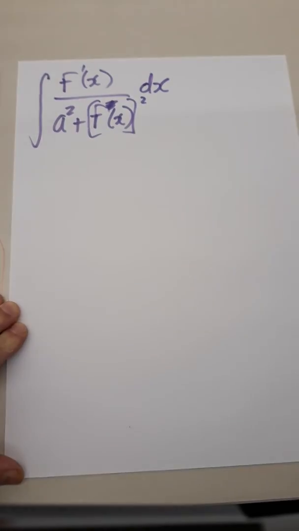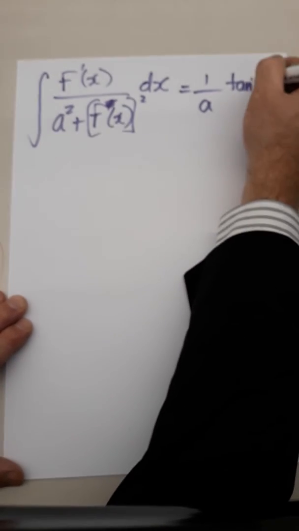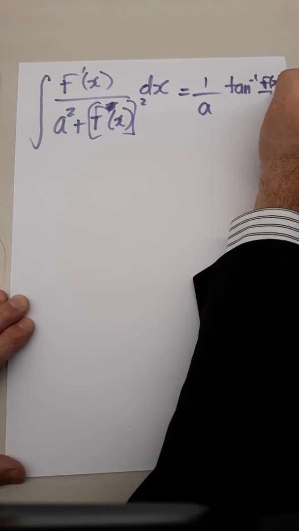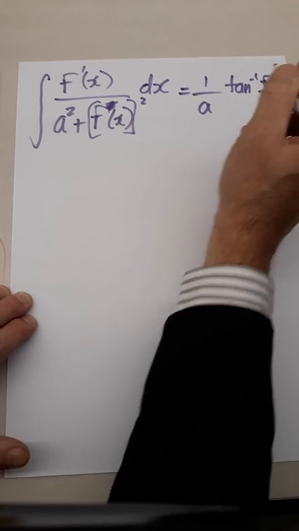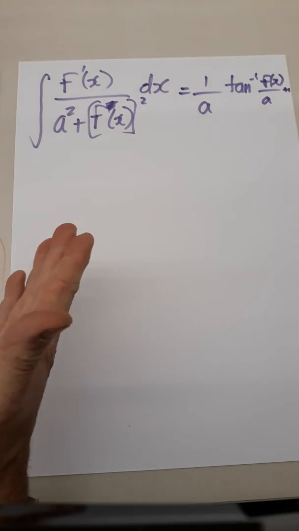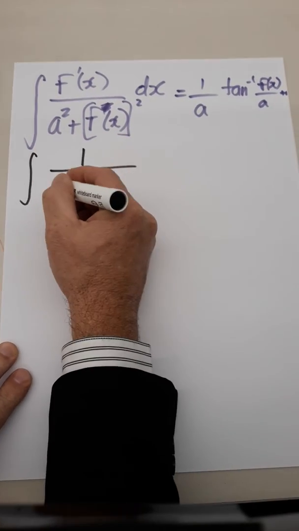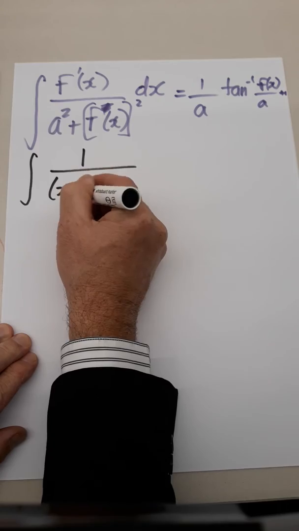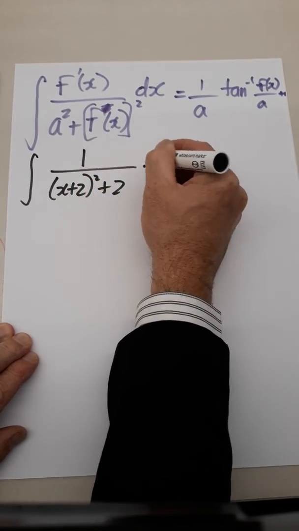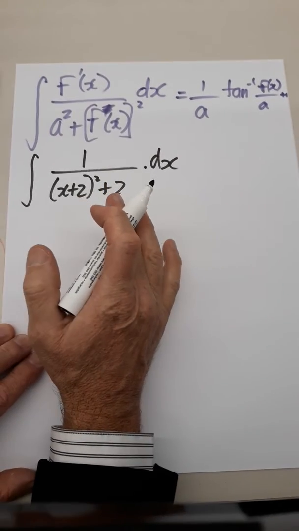If it's in that format, that will be 1 on a inverse tan of f of x on a plus c. I'm struggling to fit in the plus c these days. But that's what it'll be. So I have to pop it into that format. And at the moment, my question is (x plus 2) all squared plus 2, dx. So it's not quite in that format.